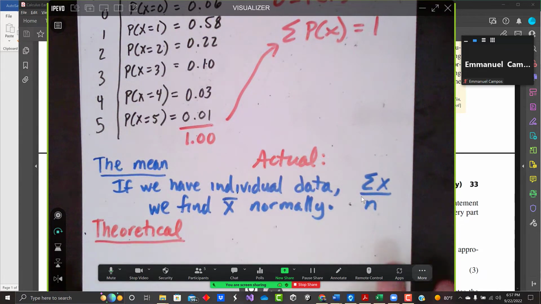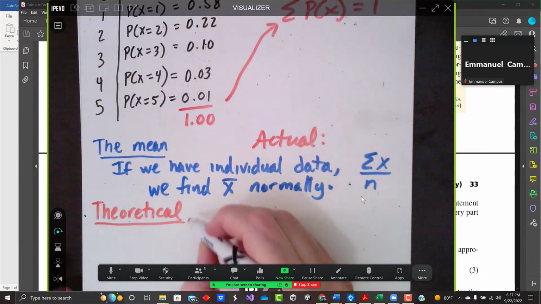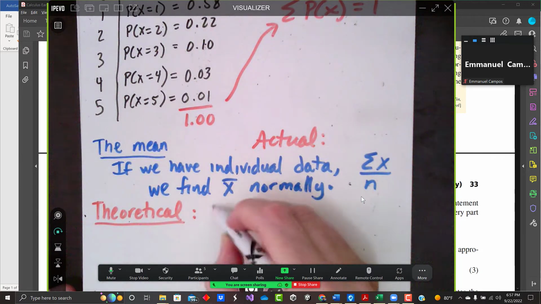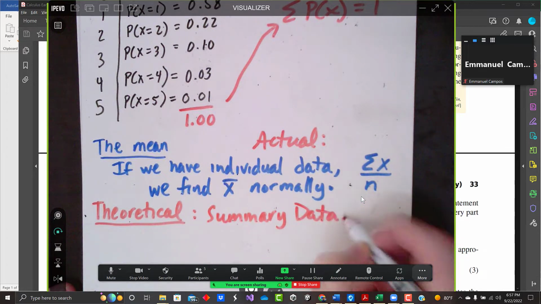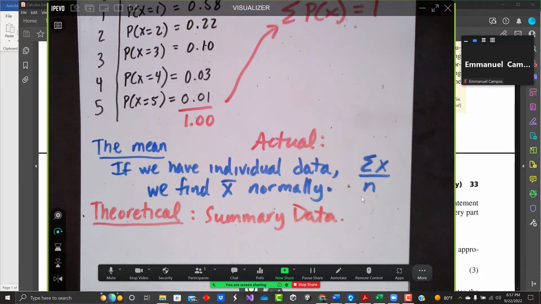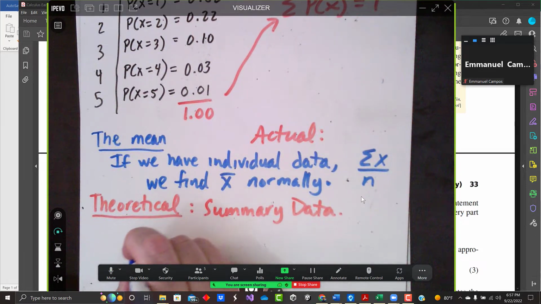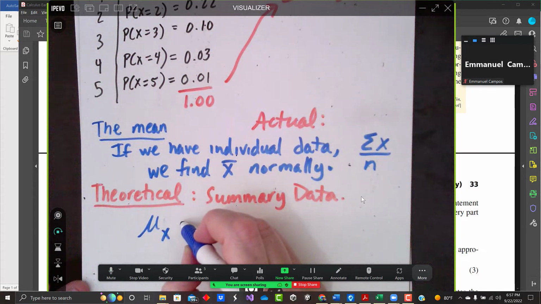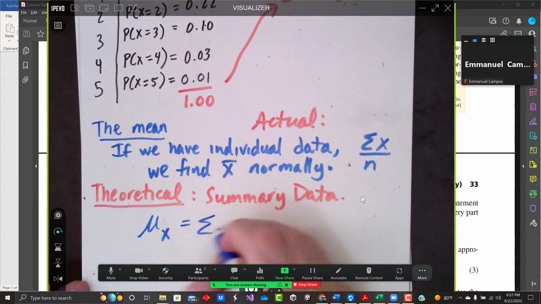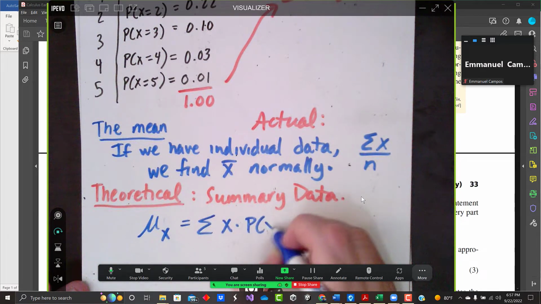And the theoretical value, we're using this summary of data, summarized data. And we will have that mu of x. When we say mu of x, they list the random variable that they're talking about as a subscript, equals the sum of x times p of x.